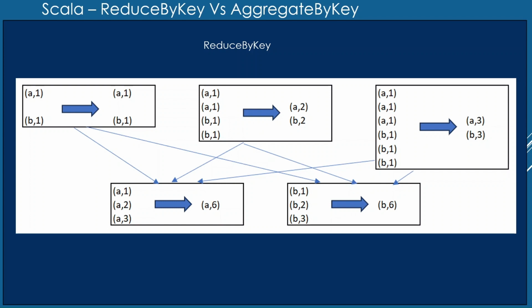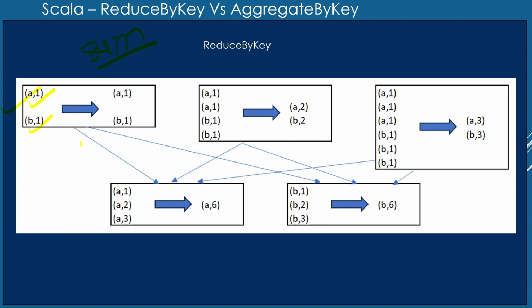Let's understand reduceByKey with the help of this pictorial representation. This is one partition which is present in one executor. There are two data points. Suppose we are doing the sum aggregation.